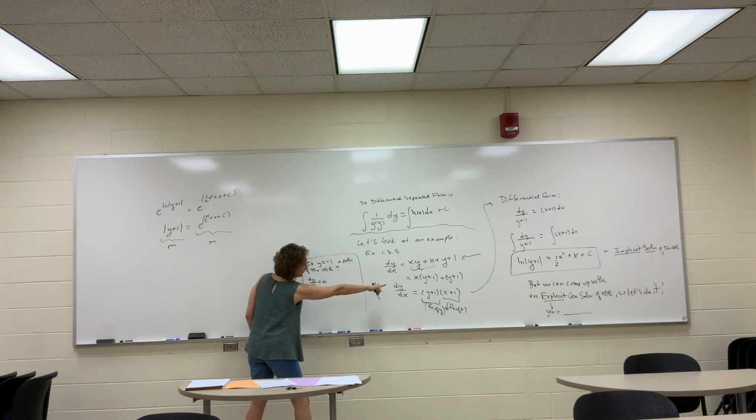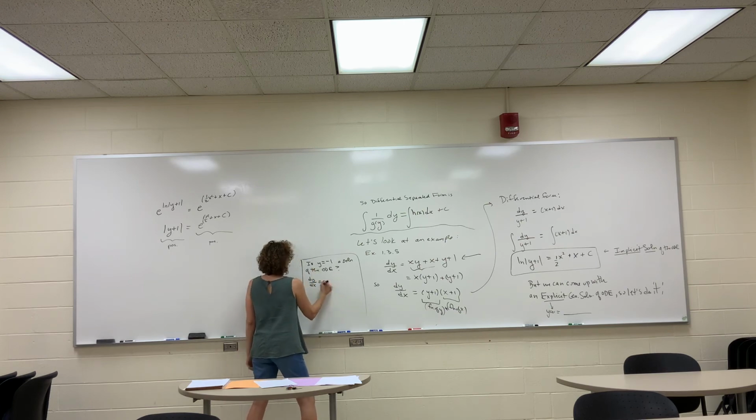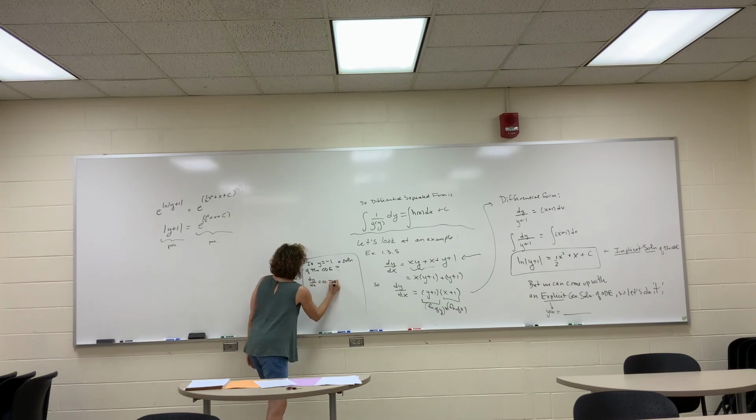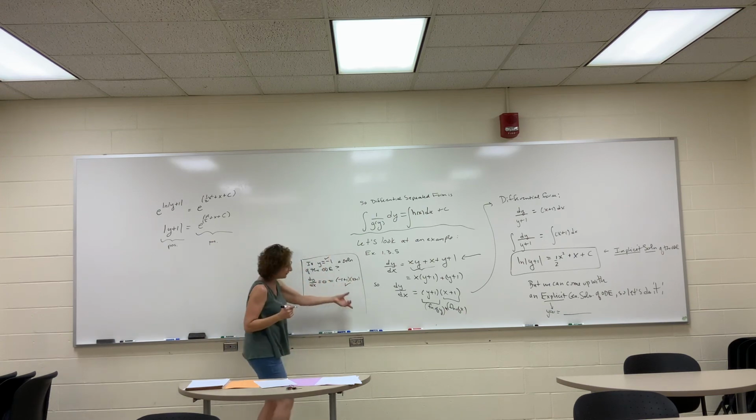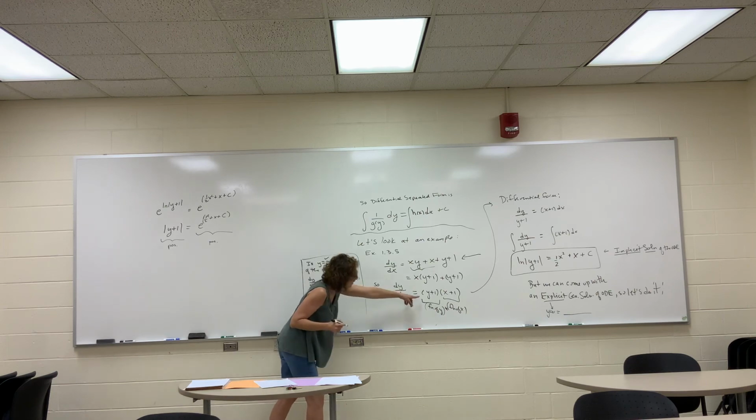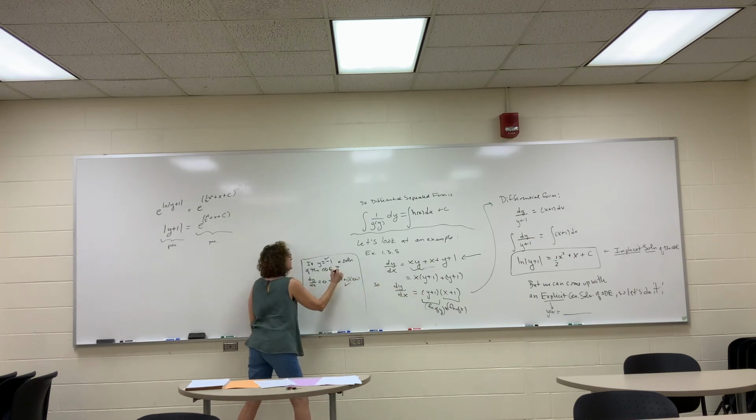If y is -1, we have -1 plus 1 times x plus 1, which is 0. And so y equals -1 is a solution. Obviously, we could have just looked at this and said, hey, y equals -1 is what kind of solution? So the answer is yes.